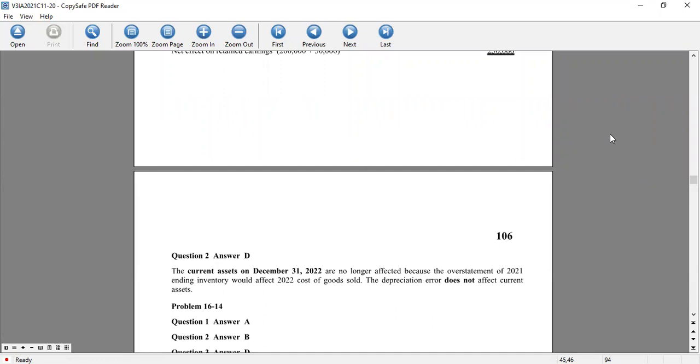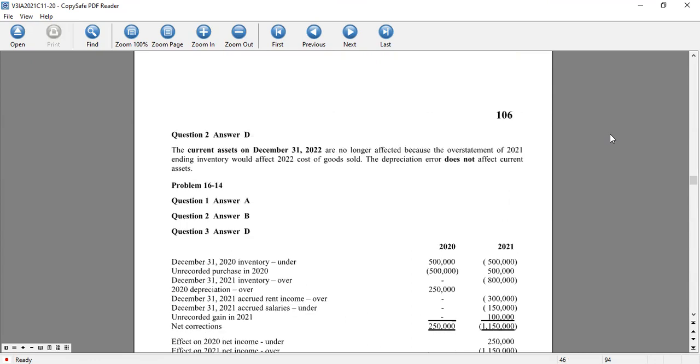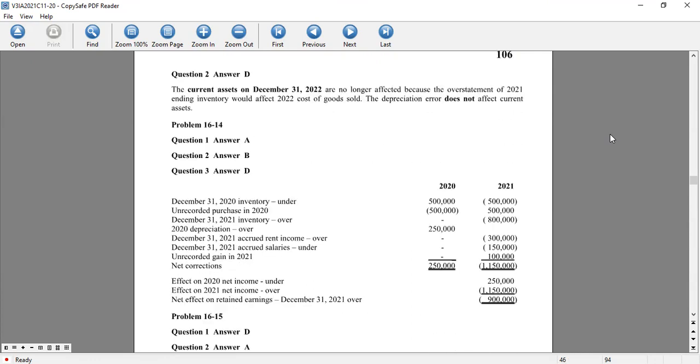What amount should be reported as net effect of the errors on net income for 2020? So the answer to number 1 is A, number 2 B, and number 3 D, with the supporting computations.